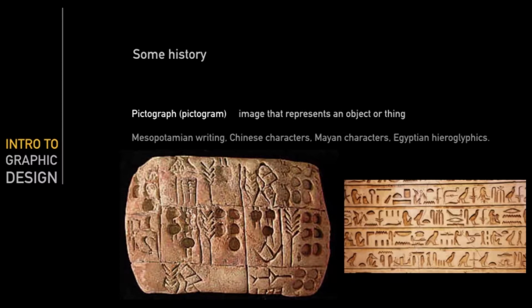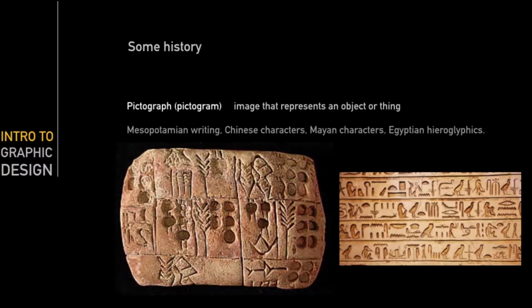A pictogram writing system, such as Chinese characters or Mayan characters, is actually used much more than an alphabet-based system, which is phonetic. So as human beings started gathering together and became less nomadic and started living together in towns and villages, the need arose for a written language that would help with trade, commerce, record-keeping, and governments.